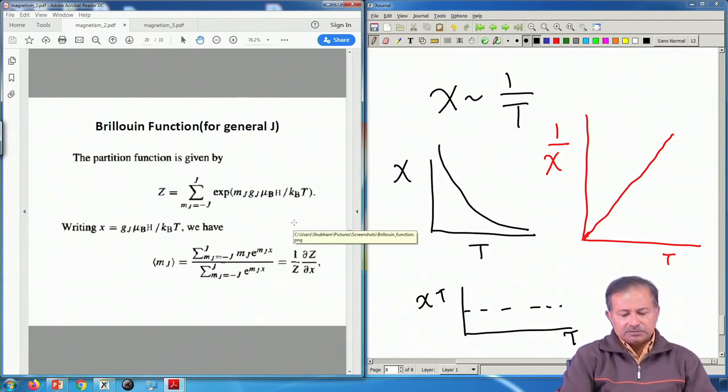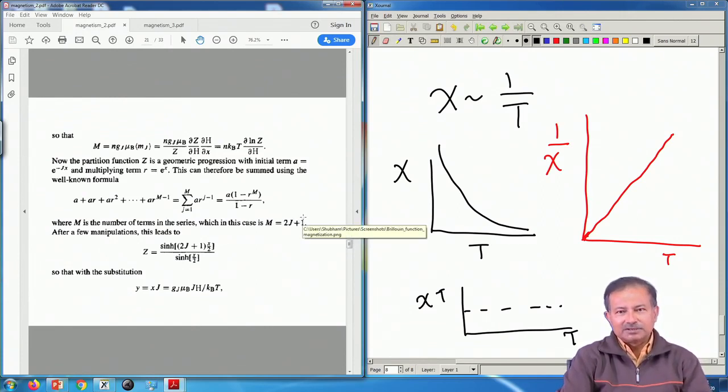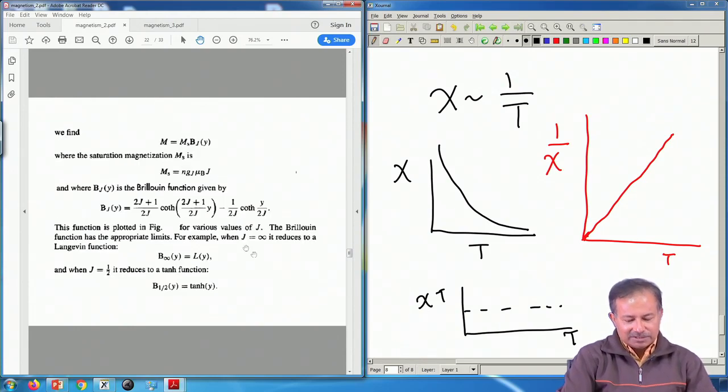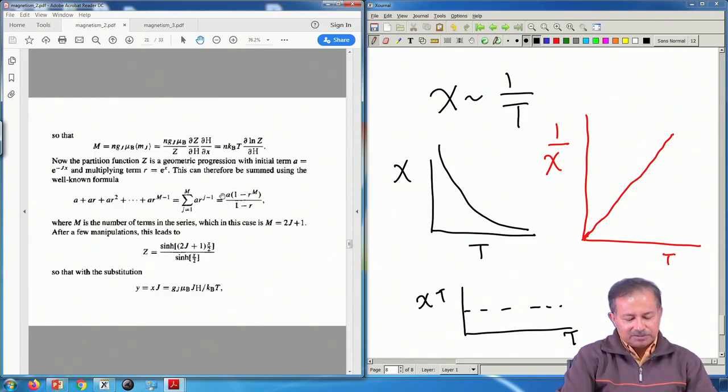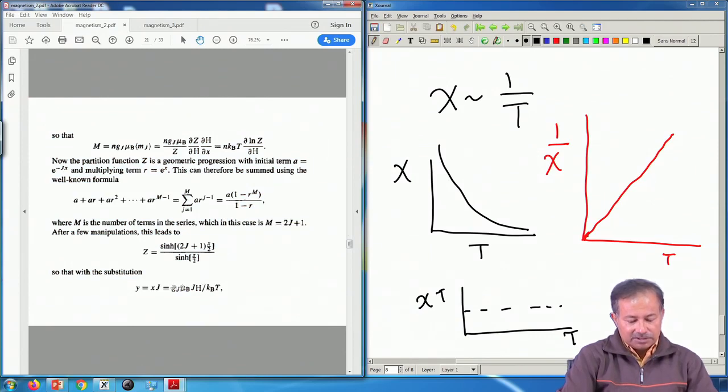Then we did the calculation for finite J, and a finite J calculation is straightforward. It is just that you do not get a simple formula like tan hyperbolic y, but you get a formula. You just sum this series to calculate your partition function, with r equal to e to the power x, and starting with a equal to e to the power minus Jx, and at the end of the day you will get a partition function like this.